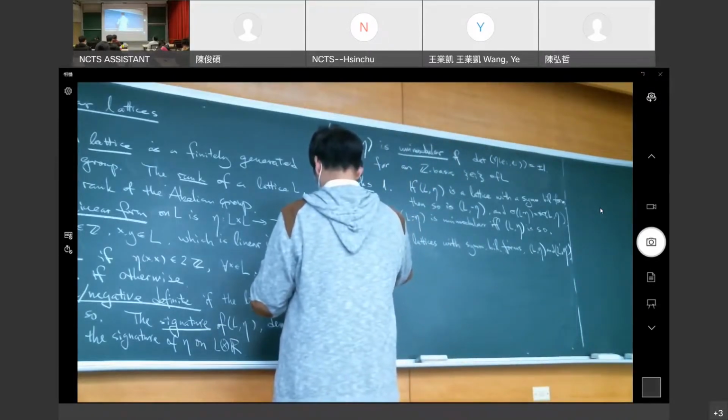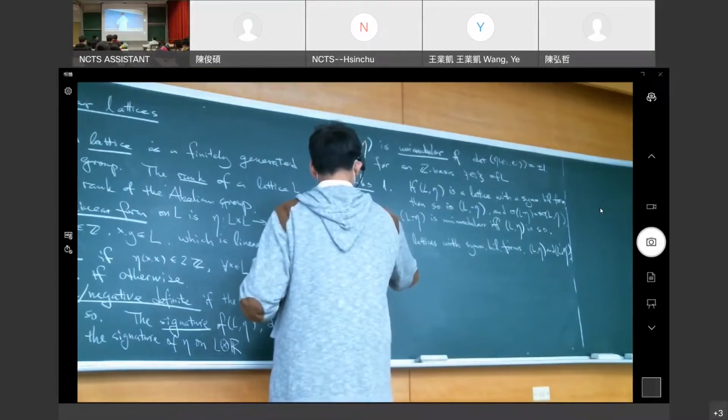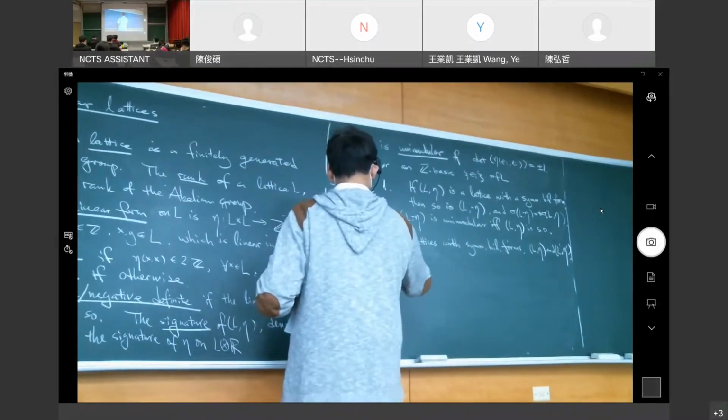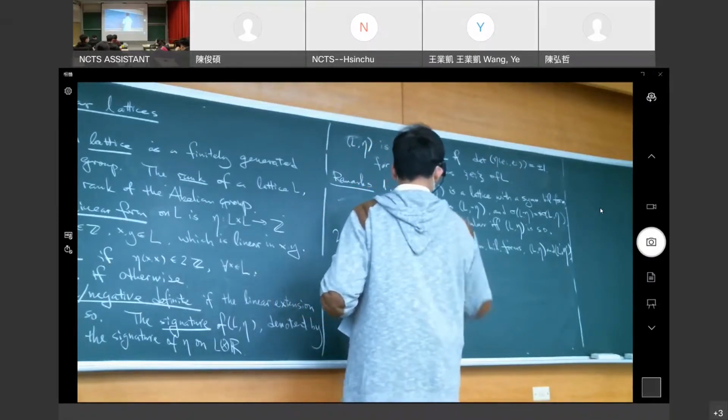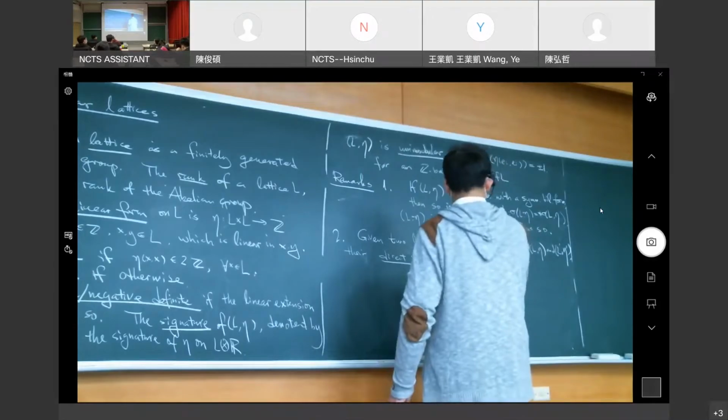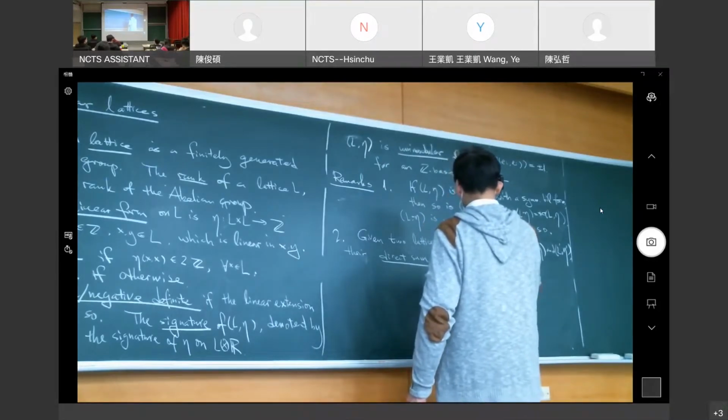Then we define their direct sum, denoted by this plus.